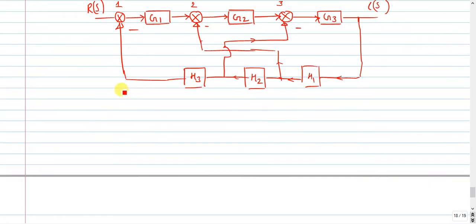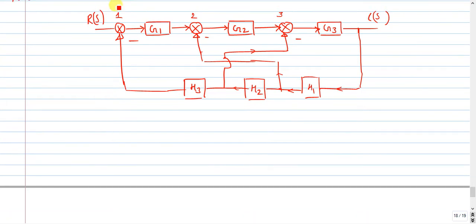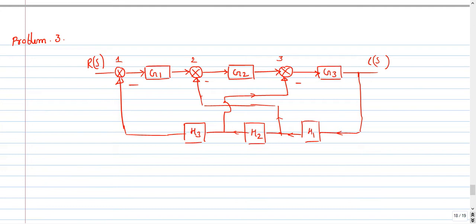You need to just rewrite the same. So what I will do, I will just copy the same.